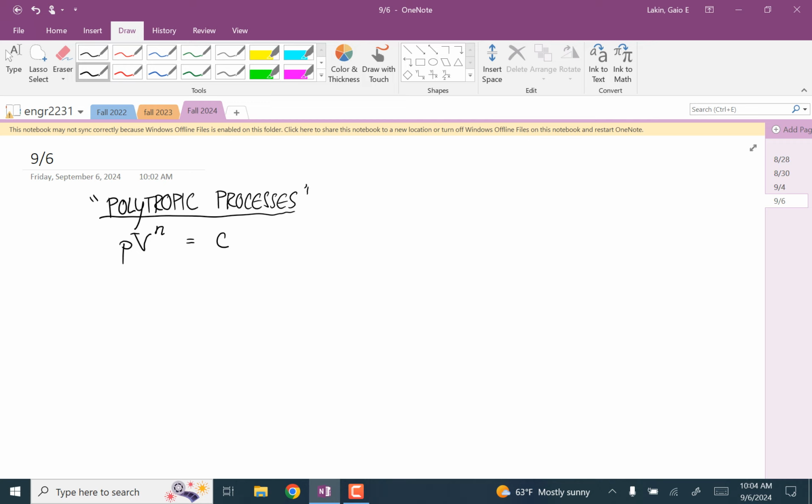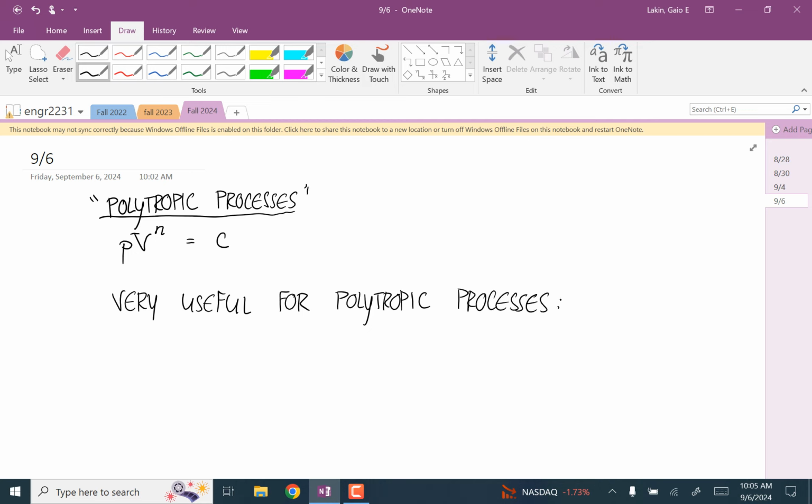You've done experiments and measured that it fits this curve fairly well, or you assume that it's going to fit this curve, and you're just going to find these constants to make it match as well as possible. In order to do problems like this, some very useful things for polytropic processes are two logarithm facts.